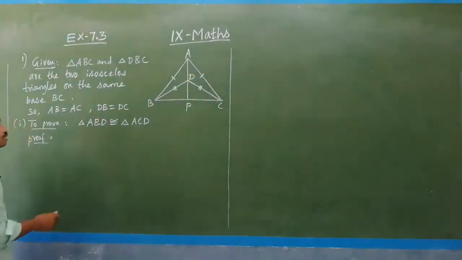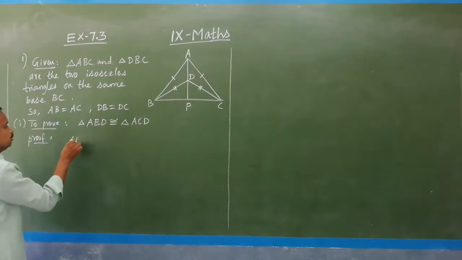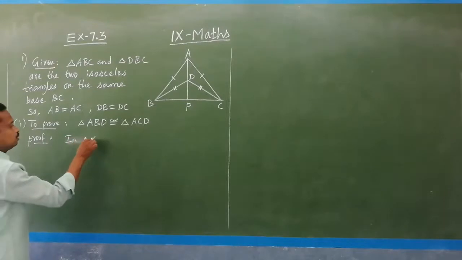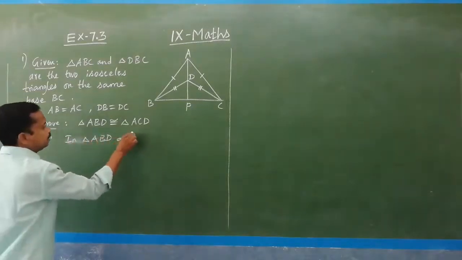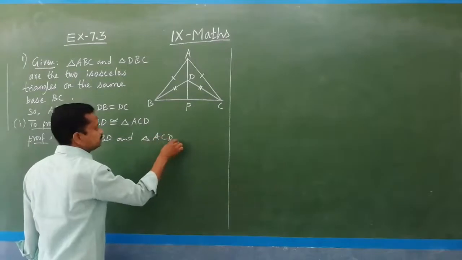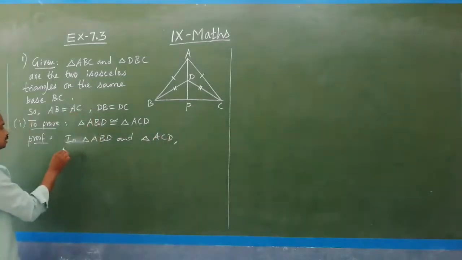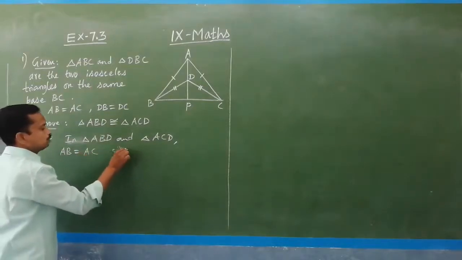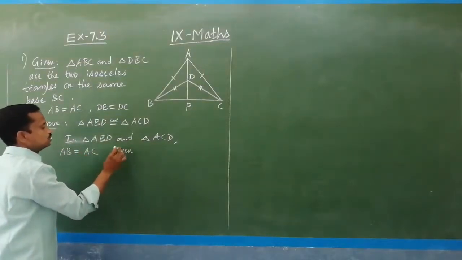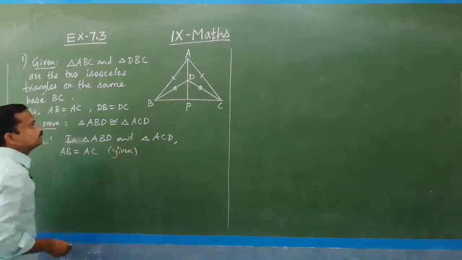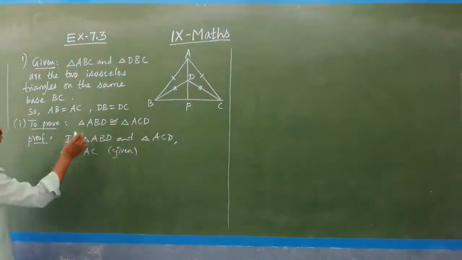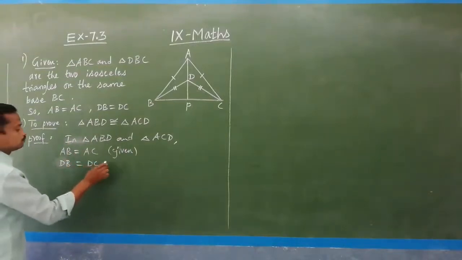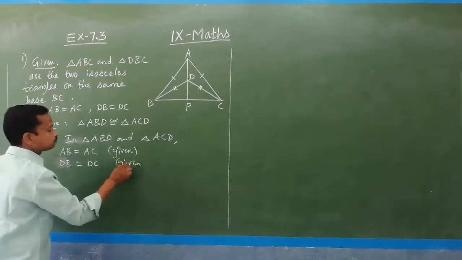In triangle ABD and triangle ACD, what are the things we can collect? AB equal to AC, given because of the isosceles triangle. And then DB equal to DC, this is also given.